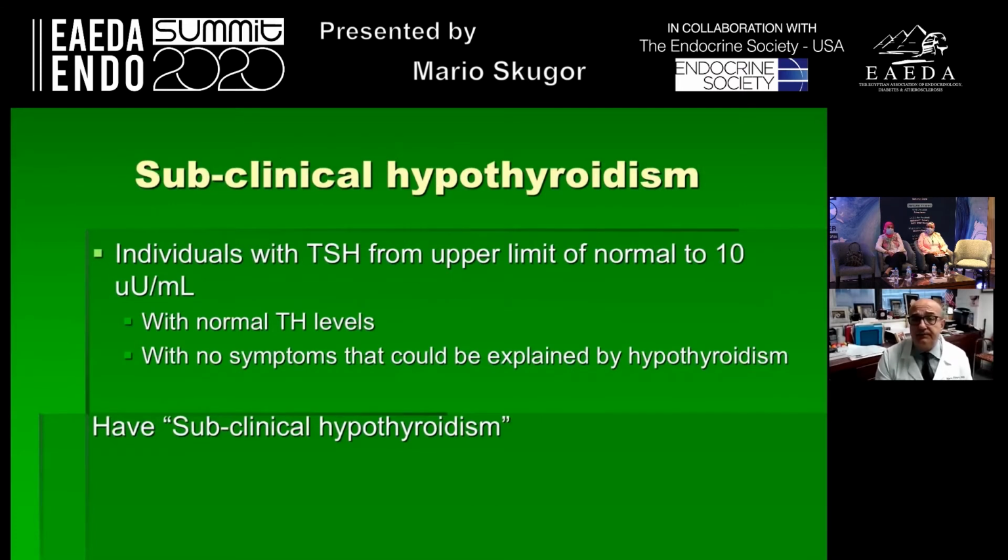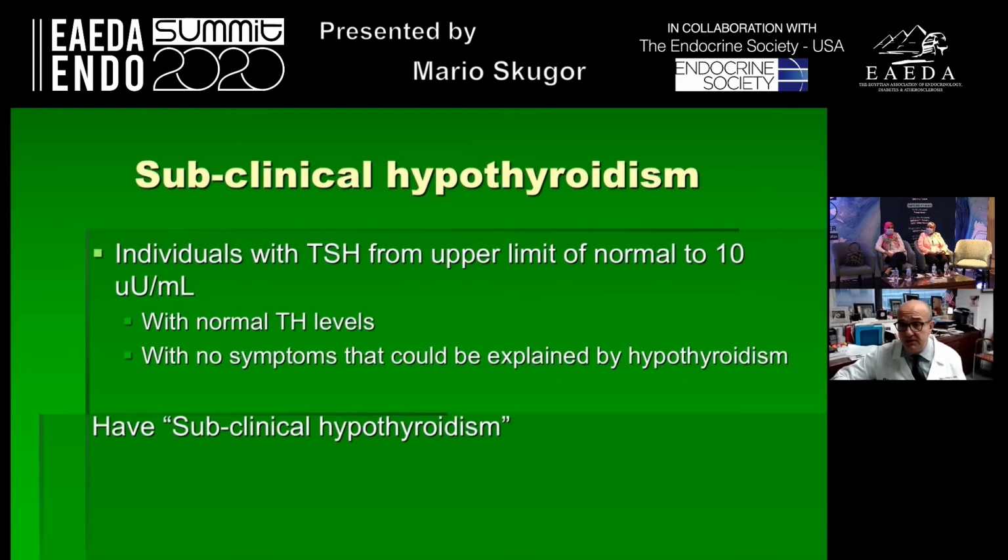Okay, so what do you do if the patient has a TSH that is from the upper part of the normal range to 10 microunits per milliliter, with normal thyroid hormone levels, with no symptoms that could be explained by hypothyroidism? I mean, those are the people who truly fit this category of subclinical hypothyroidism.